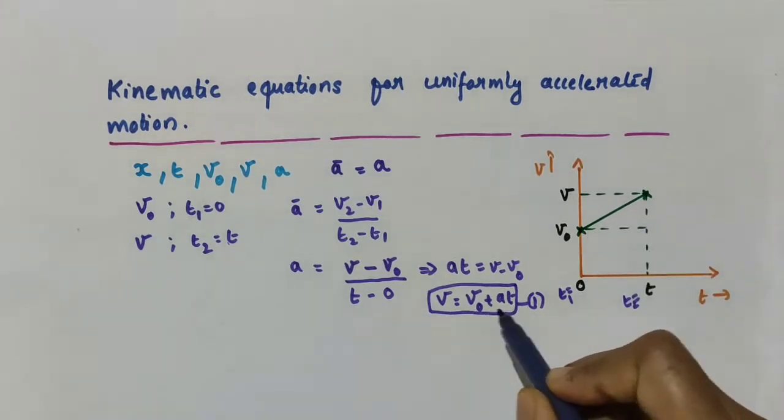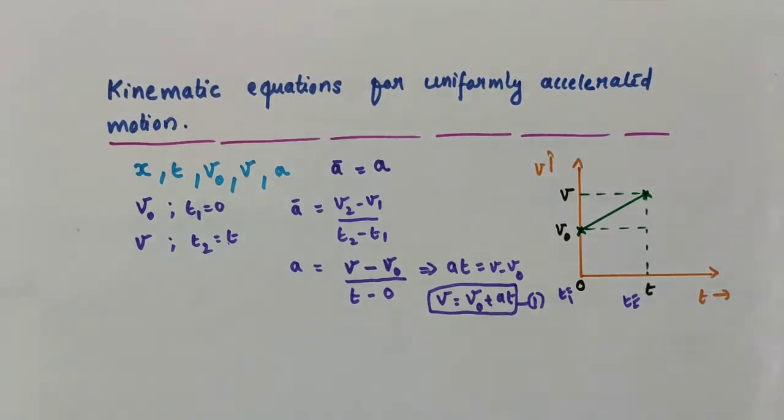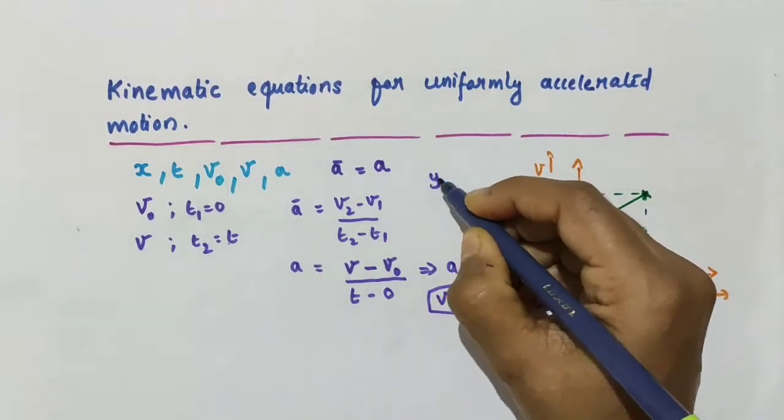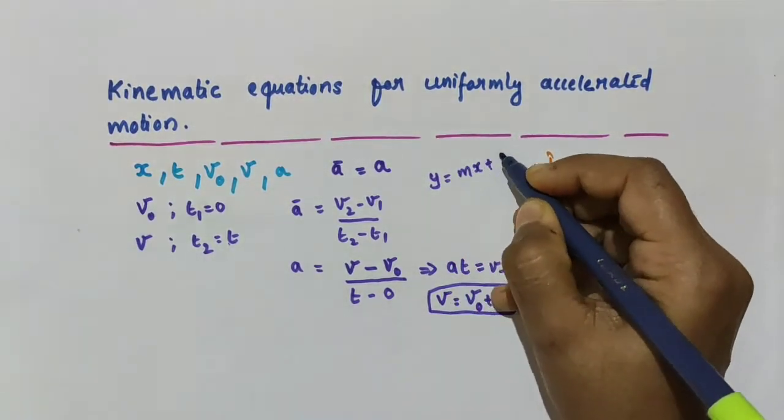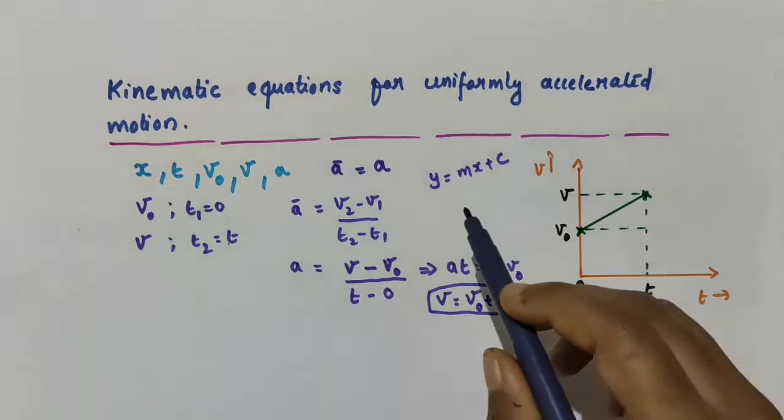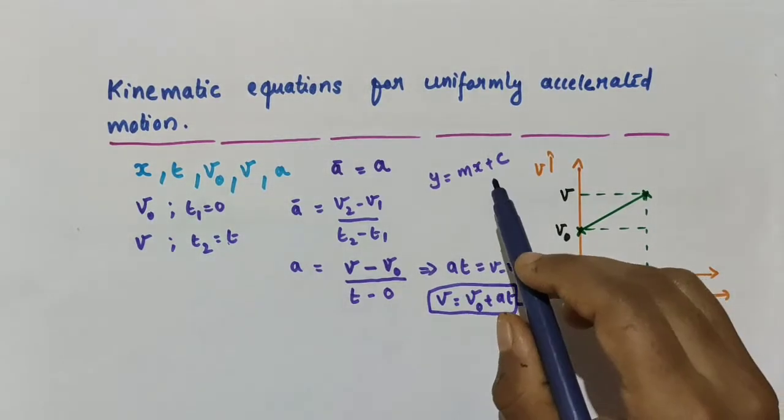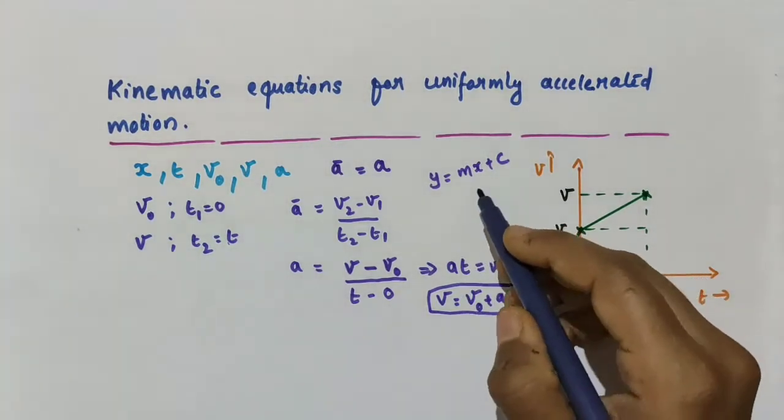Just see this expression v equal to v0 plus at. You might have already studied the equation of a straight line in mathematics, that is y equal to mx plus c. While drawing a graph between y and x, you will get the slope as m.